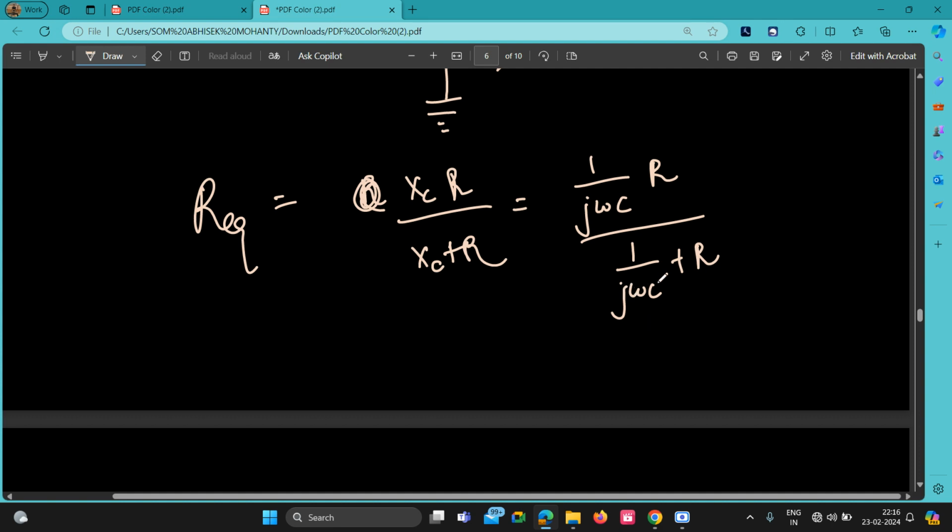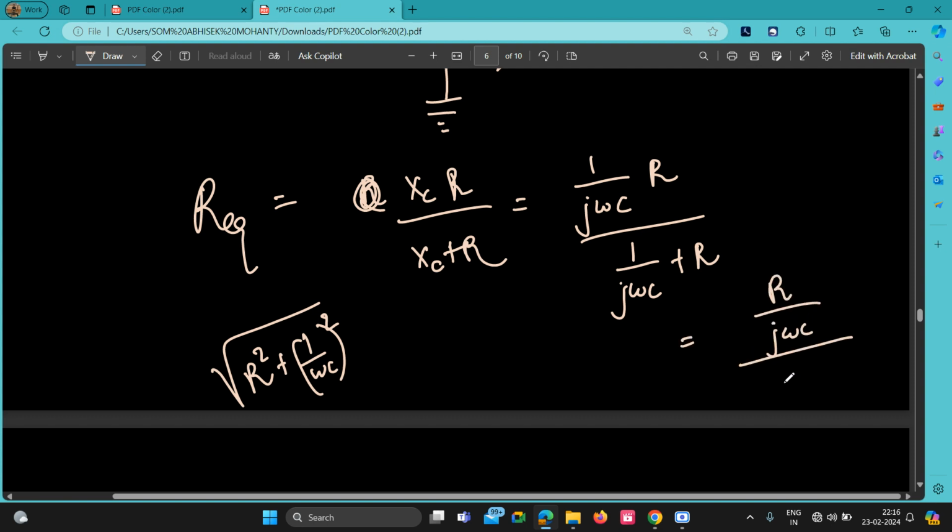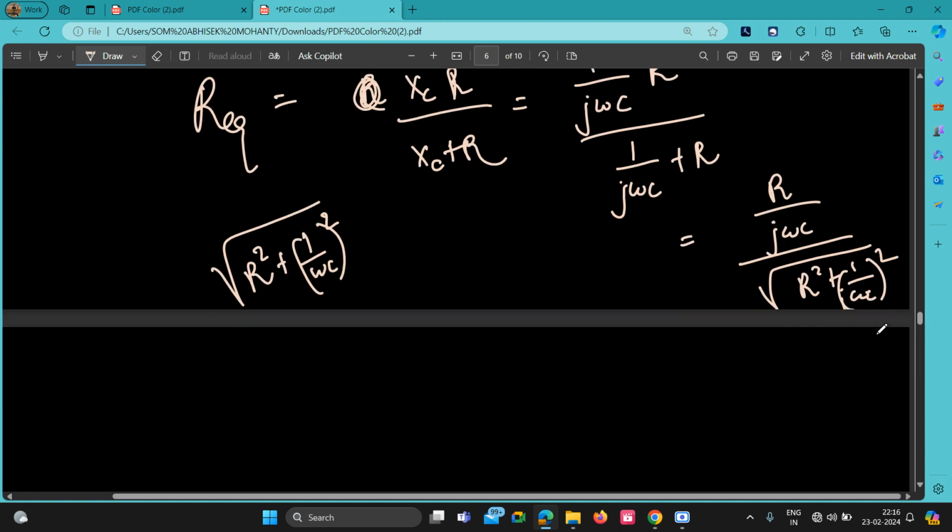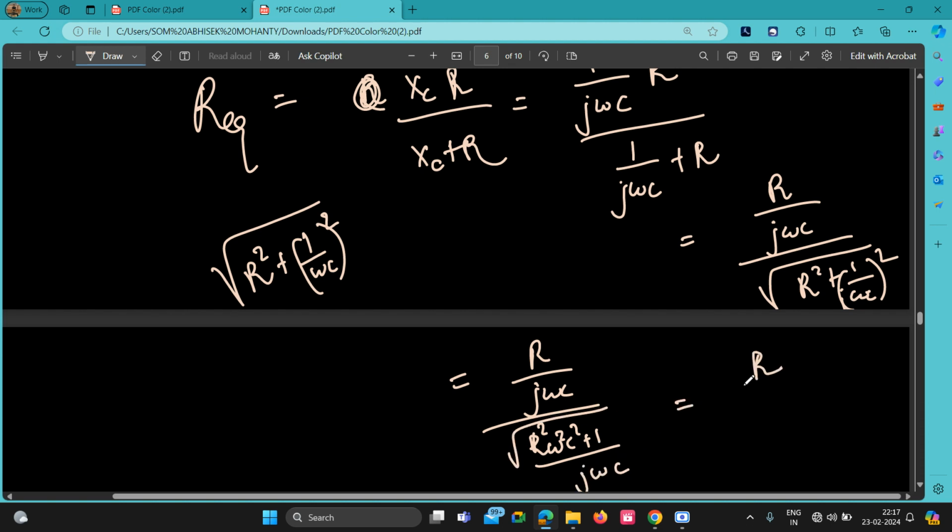We have to take their root, they will be added like R square plus 1 by omega square. So this will be root over of R square plus 1 by j omega C whole square. So R by j omega C, divided by root over R square omega square C square plus 1 by j omega C. J omega cancels out. So R divided by 1 plus R square omega square C.